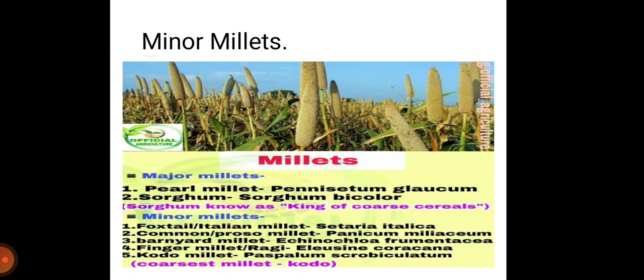Then common or proso millet, Panicum miliaceum. Then the third one is the barnyard millet, Echinochloa frumentacea. The fourth one is finger millet, which we call ragi, botanically called Eleusine coracana. The last one is the kodo millet, Paspalum scrobiculatum. These are the five minor millets and two major millets, the different seven millets.